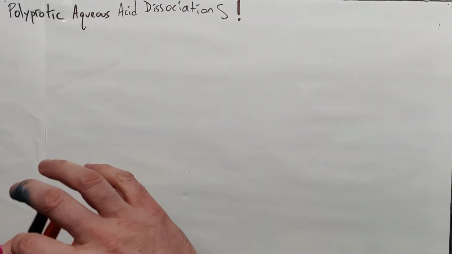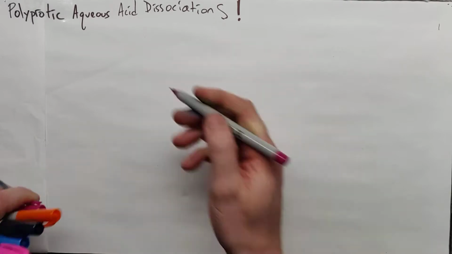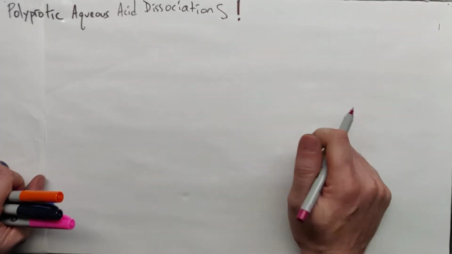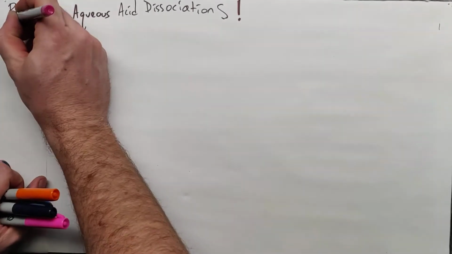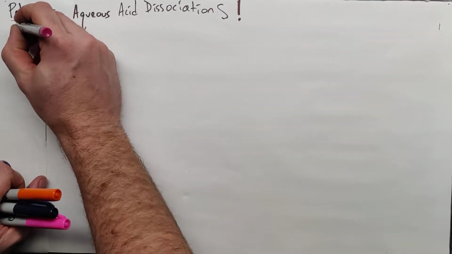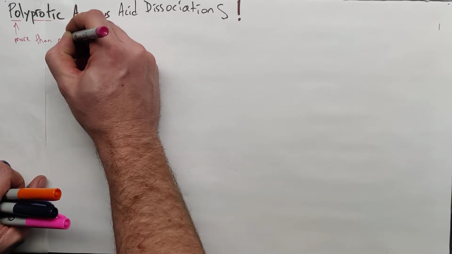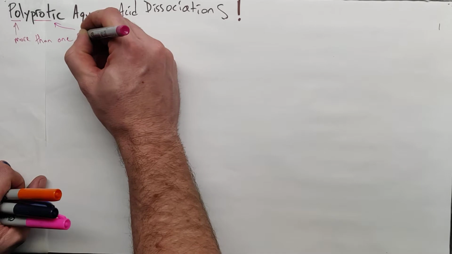Let's get going here. The idea for this video is polyprotic aqueous acid dissociations. We talked about monoprotic, which is one hydrogen. Polyprotic, the word's right there, so more than one. And this is proton, so we're going to say acidic.